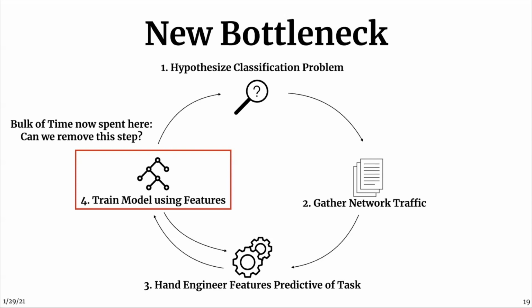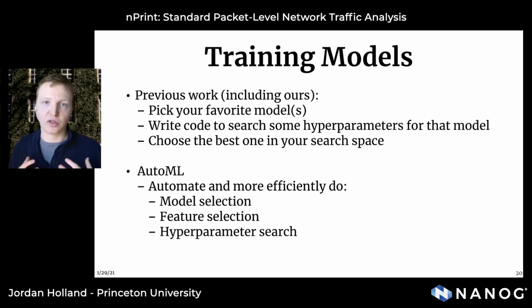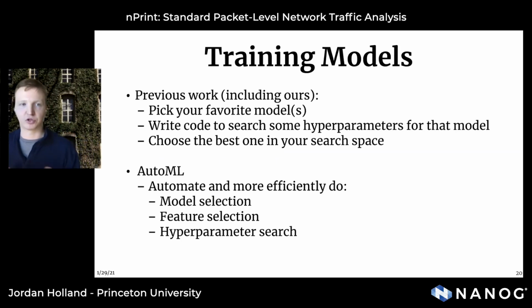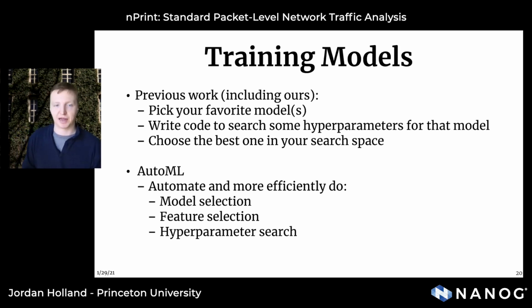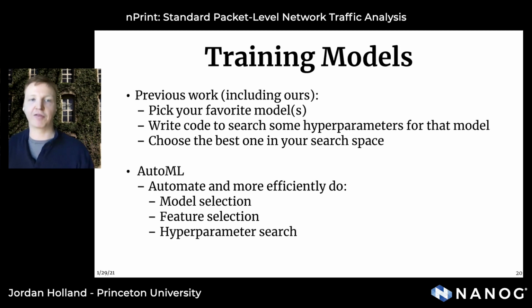So we removed this hand engineering features step we see. Now we see that the bulk of the time is spent training models, right? So can we remove this step? The classic methodology for training a model, including what we've done in the past in different works, is we'll do the following. We'll pick our favorite model.